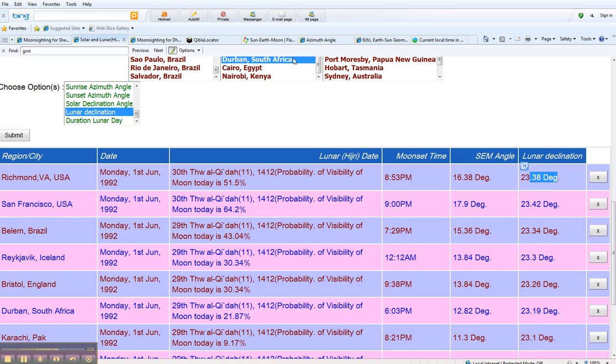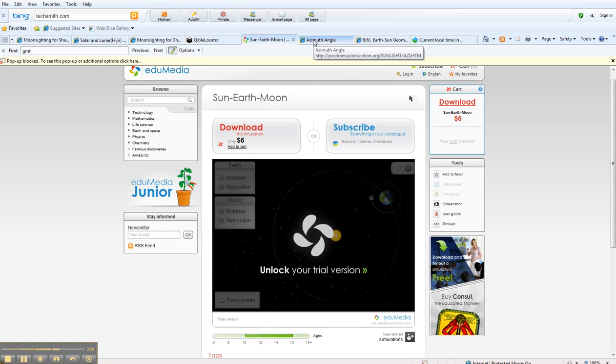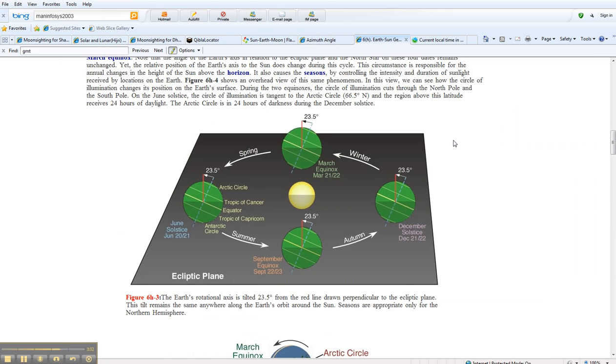Before that I need to discuss solar declination, and let me see where that is. Yeah, this is the solar declination diagram. You see December, June. In June, what happens is the earth is inclined 23.5 degrees towards the sun. The declination is nothing but how much the earth is tilted towards the sun.